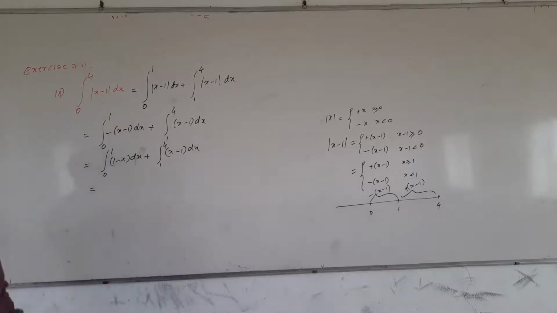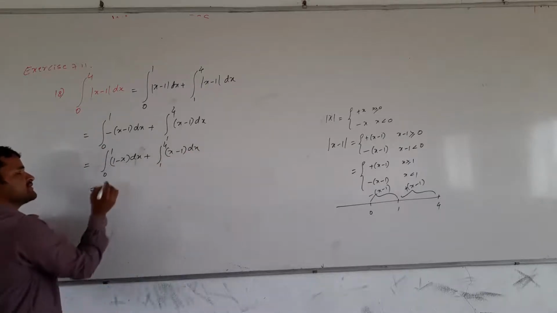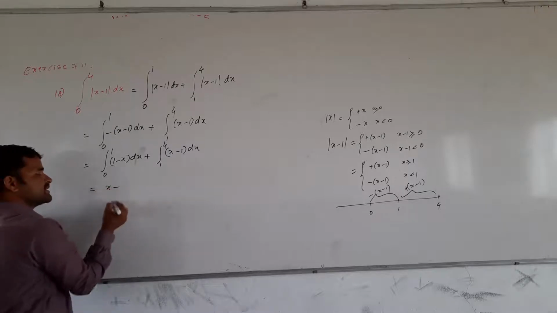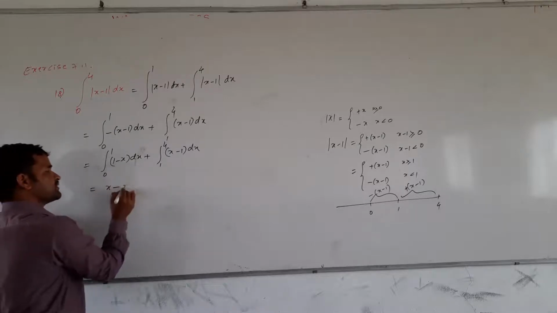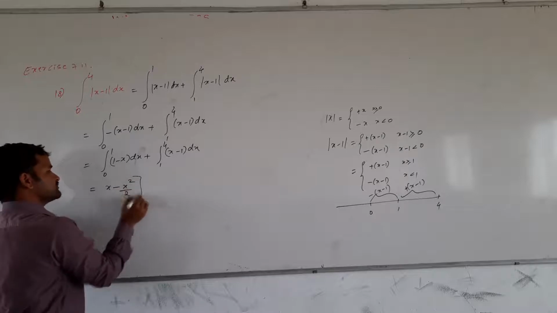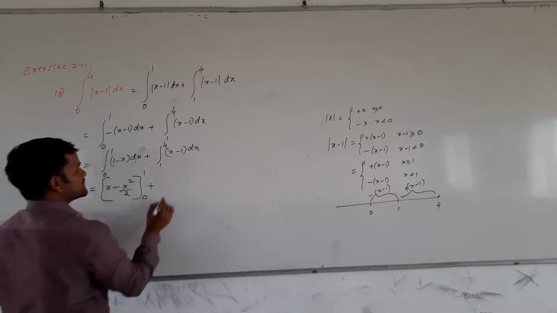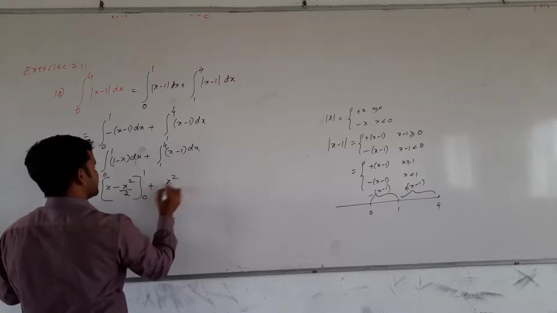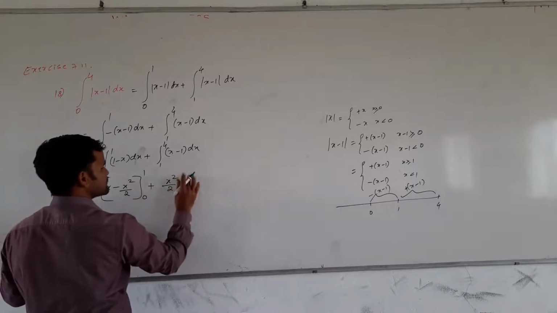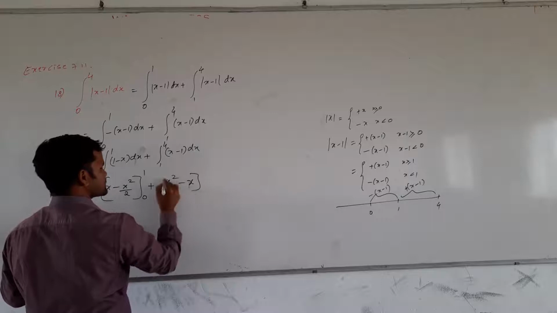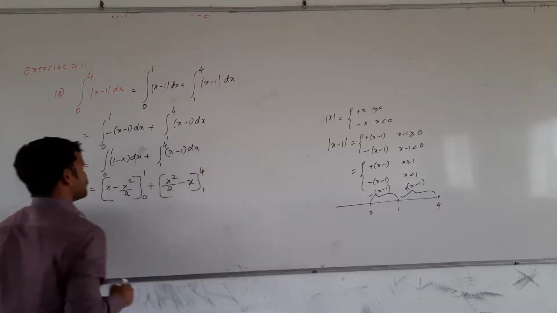Now we will integrate very easily. Integration of 1 with respect to x is x, minus the integration of x with respect to x, which is x square by 2, from 0 to 1, plus the integration of x, which is x square by 2, minus the integration of 1 with respect to x, which is x, from 1 to 4.